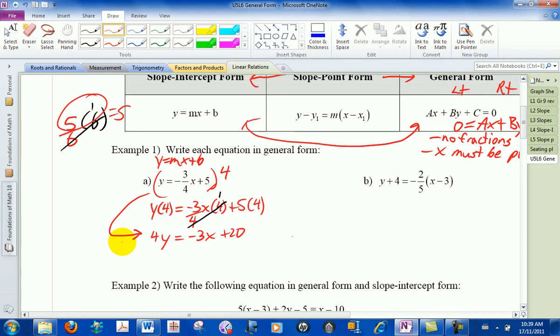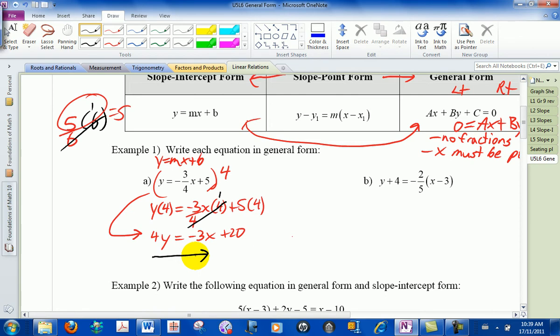Okay. Now all we have to do is move all our terms to one side. So this is what I'm talking about with solving to the right. If you move this one over here, it's pretty easy. But what kind of x value would you have?